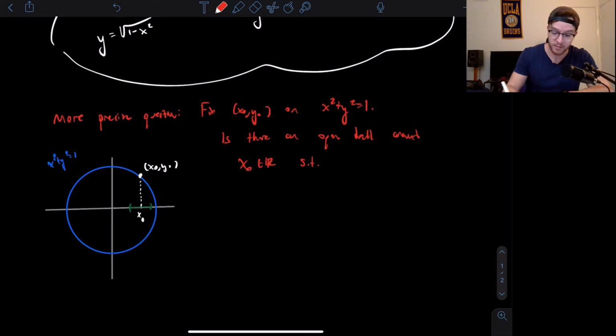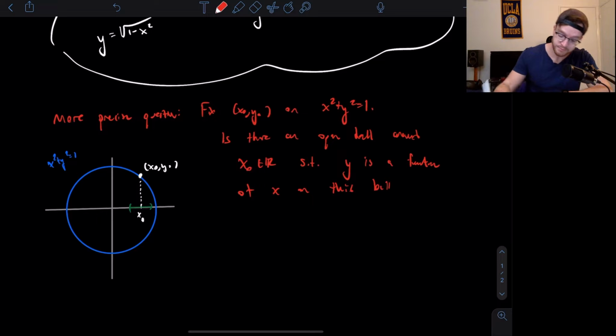So let me write that out. So is there an open ball around x such that y is a function of x on this ball near, and this is kind of the key part, near this fixed point?